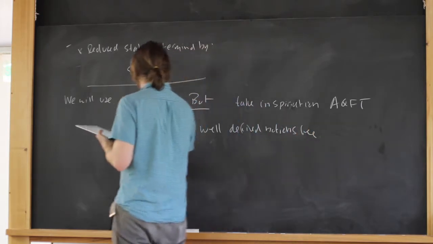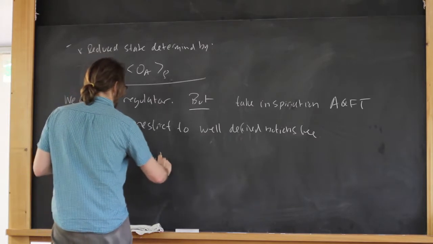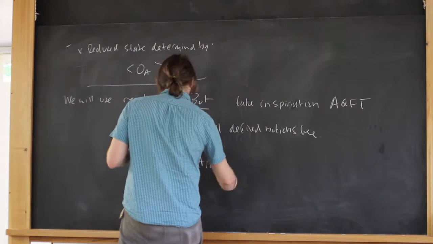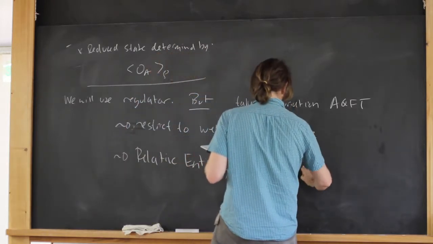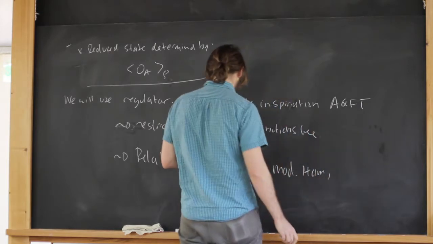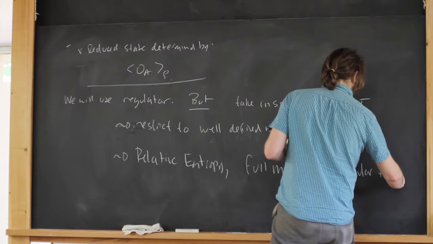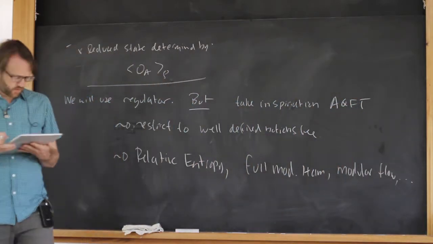Examples are things that you've probably heard of: relative entropy, the so-called full modular Hamiltonian, which I'll discuss later, modular flow is a good one, and there are others.